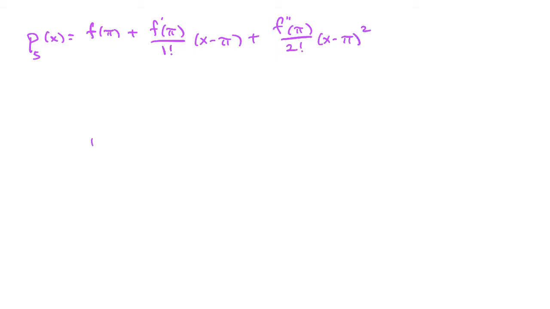For our fifth degree Taylor polynomial, we have f of pi plus f prime at pi over 1 factorial times x minus pi, plus f double prime at pi over 2 factorial times x minus pi squared, plus our third derivative at pi over 3 factorial times x minus pi cubed, plus our fourth derivative evaluated at pi over 4 factorial times x minus pi to the fourth.